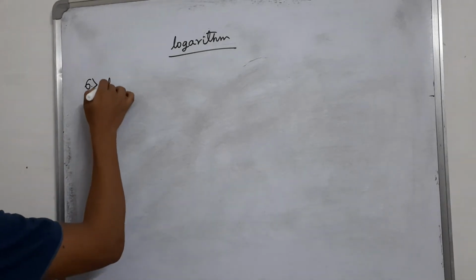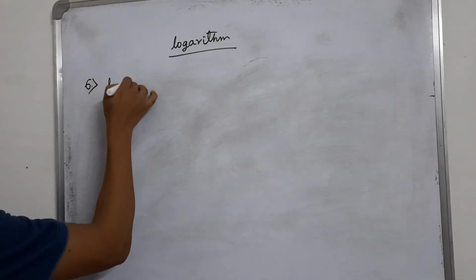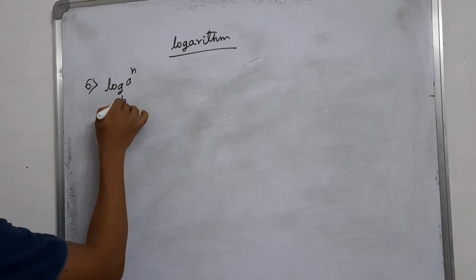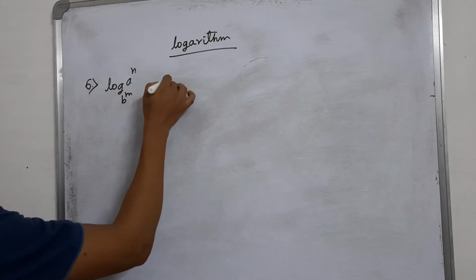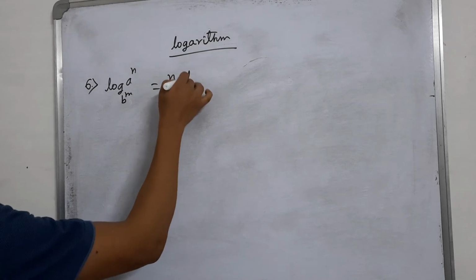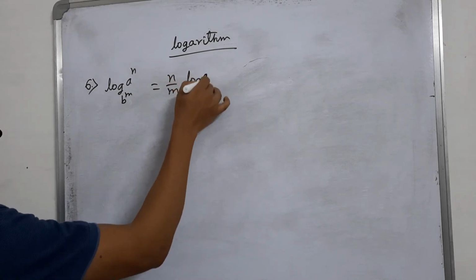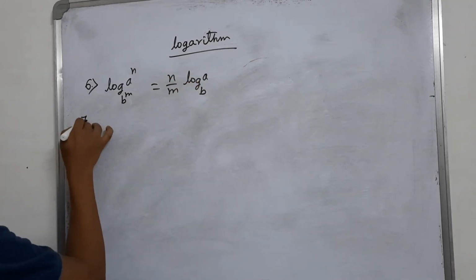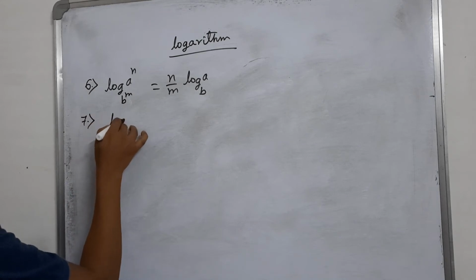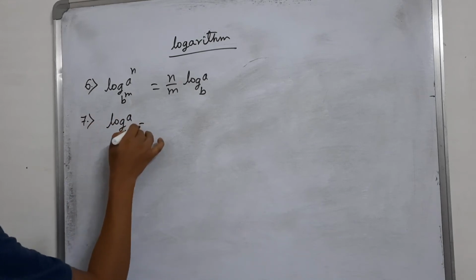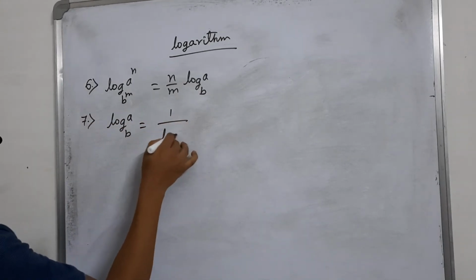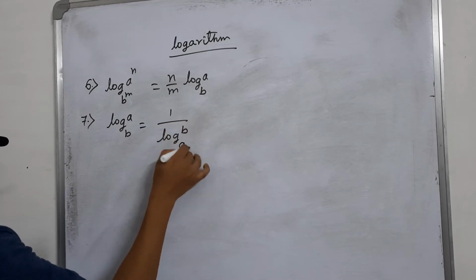Next formula: log of a to the power n, with base b to the power m, is written as n by m log a to base b. Log a to base b is equal to 1 by log b to base a.